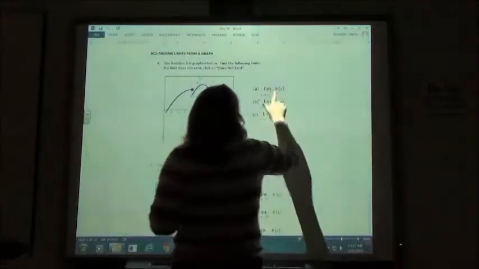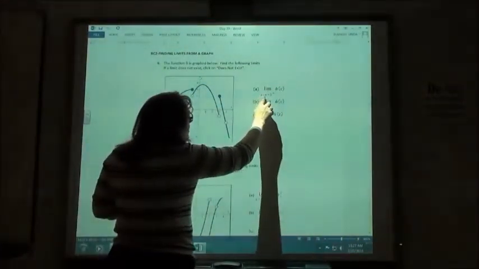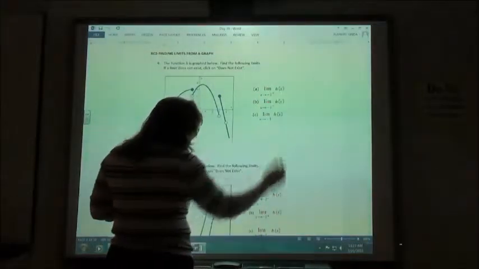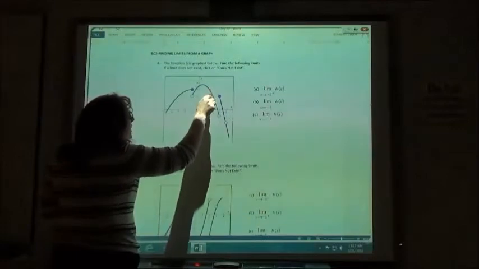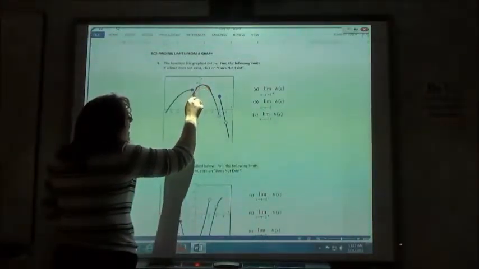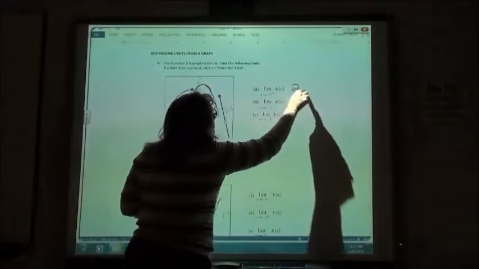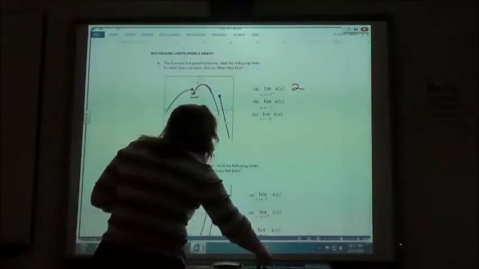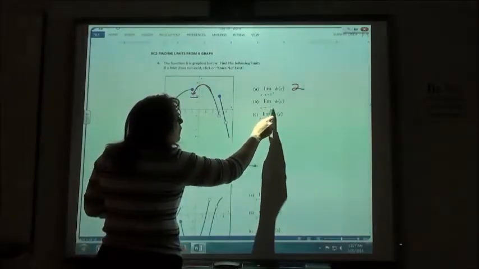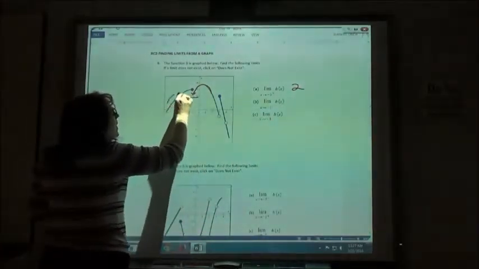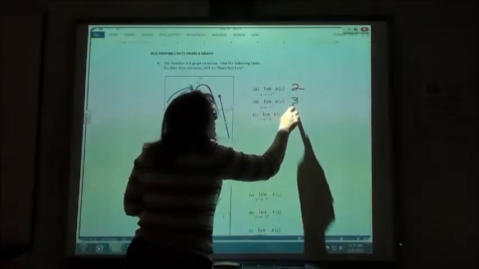So this is telling me, on my graph h, as x approaches negative 1 from the positive side. So here's where negative 1 is. As I approach it from the positive side, my value gets closer and closer to 2. If I do the limit of my function as x approaches negative 1 from the negative direction, I'm coming from this direction, I'm going to have 3 for my limit.